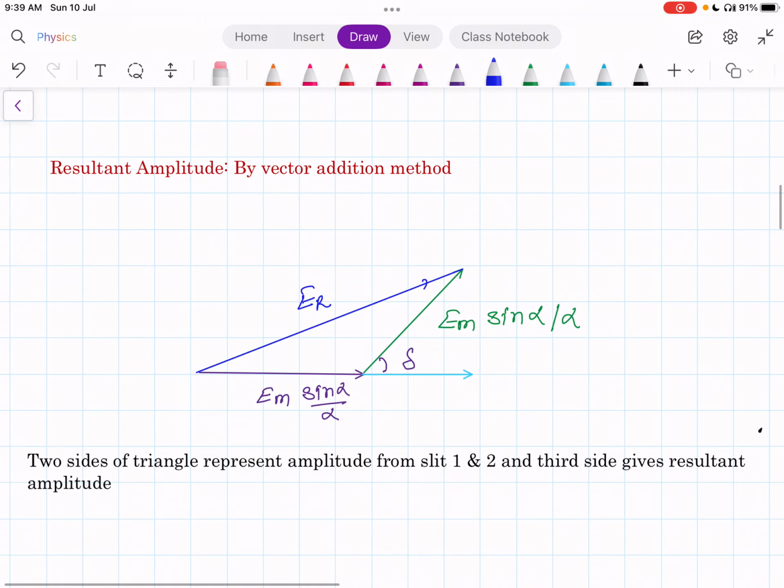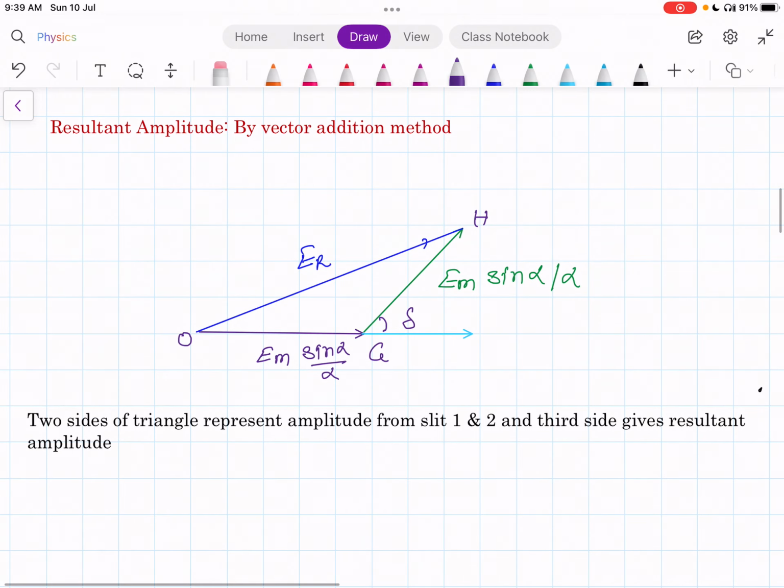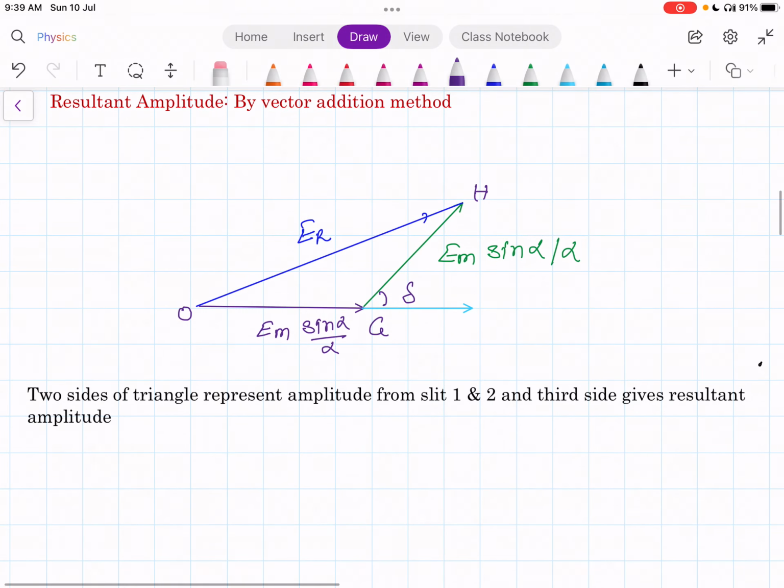And we have to find this ER. Let us say that this point is O, this is G, and this is H. This point is G.